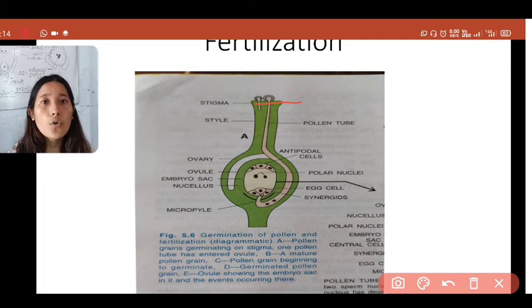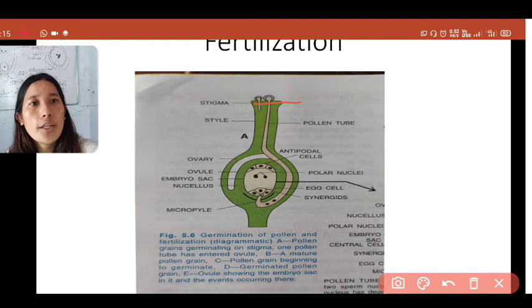Now after sticking to the stigma, because of the secretion of sugar by the stigma, pollen tube formation takes place. I already told you while discussing the structure of the pollen grain that it has a definite nucleus called the pollen tube nucleus, which is going to form a pollen tube. You can see the pollen tube here.